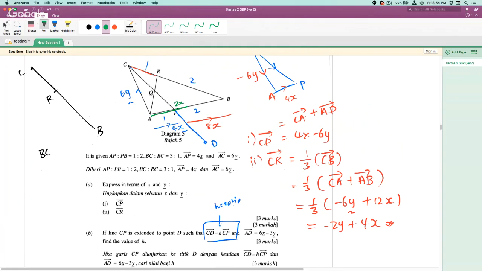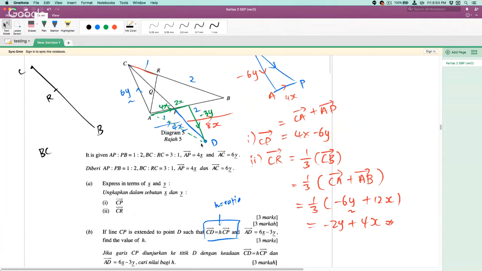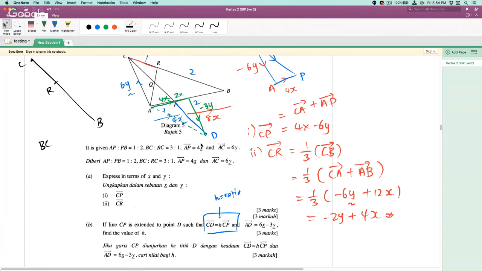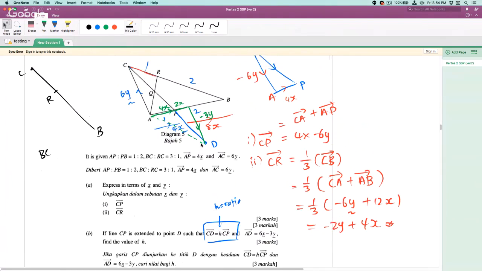And then minus, because this is 6y, so minus 3y, going down. So total here is 4x plus 2x, which is 6x minus 3y to become AD. So this is A to D. It's a bit messy, so I hope you can see that. Now find the value of h.